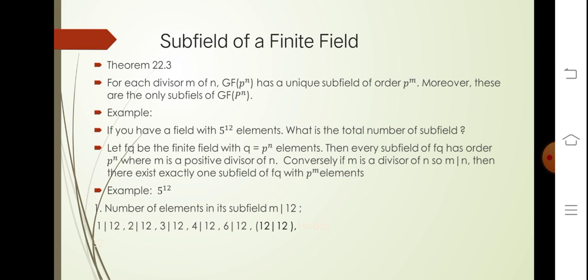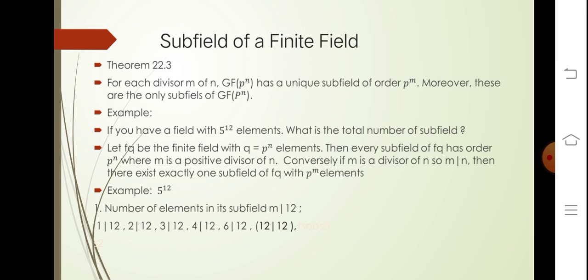Let F_q be the finite field with q equal to p raised to the power of n elements. Then every subfield of F_q has order p raised to the power of m, where m is a positive divisor of n.